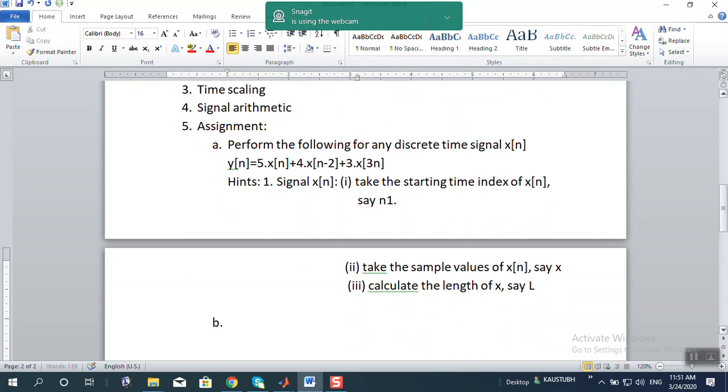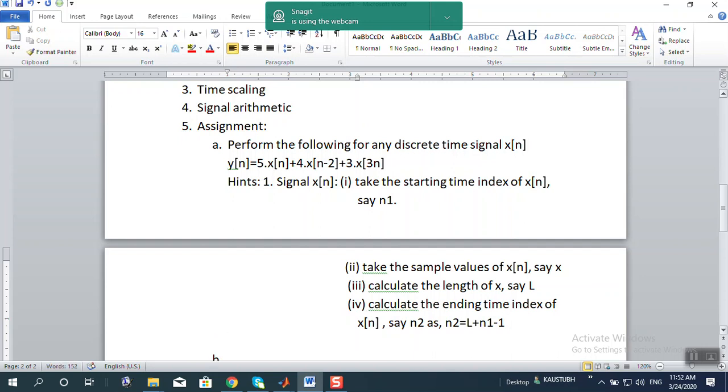Then number 4, calculate the ending time index of x of n as, say, n2. n2 is equal to L plus n1 minus 1.